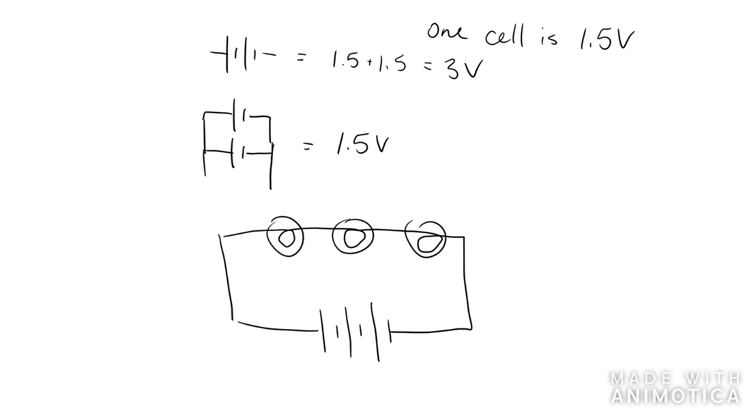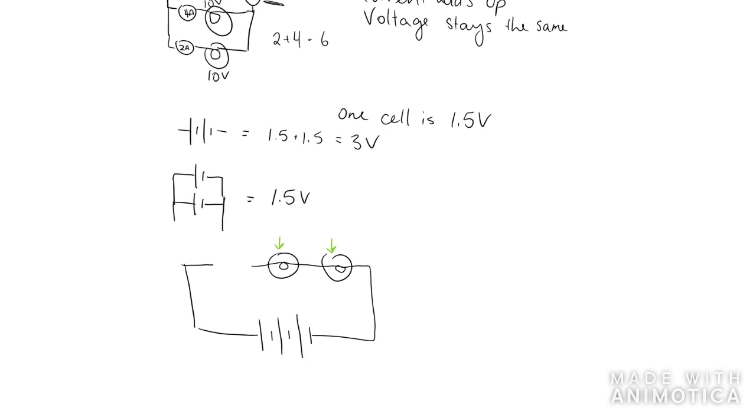If this light bulb breaks, it opens the circuit, which means these 2 lights will not light up, because this has now created a hole in our circuit. Remember, a circuit has to be a closed loop. So with this hole, the circuit actually can't continue.